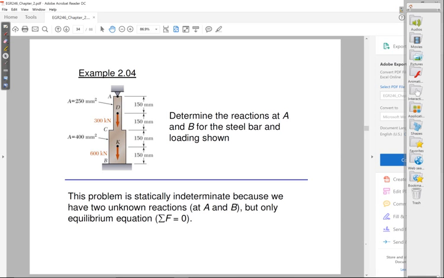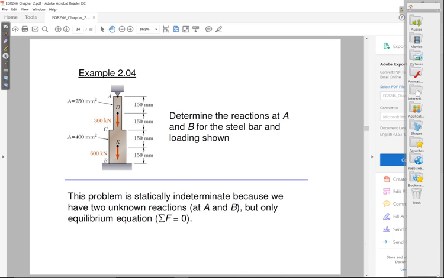They're going to cause something to happen in your structure anytime you have applied forces. And by applied forces in this problem, I'm referring to the 300 kilonewton force at D and the 600 kilonewton force at K. So I'm going to look at the effect of those two applied forces by themselves. I'm going to look at what those two forces by themselves are going to do to this structure.